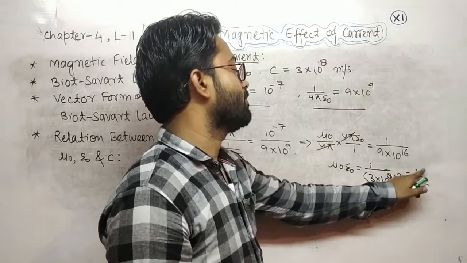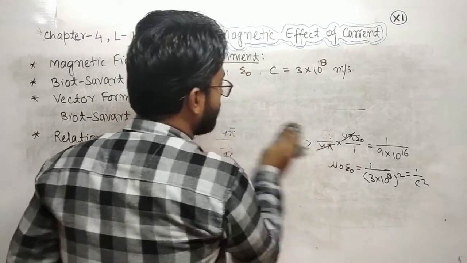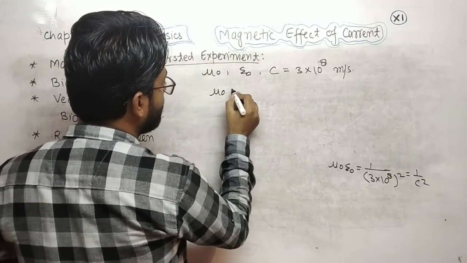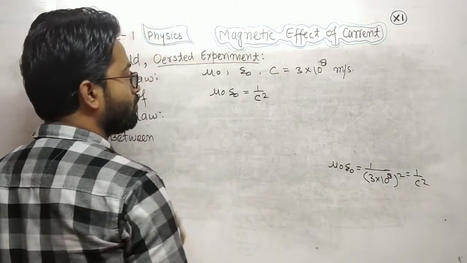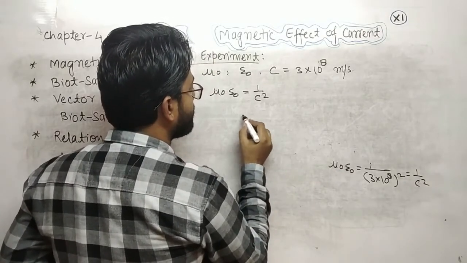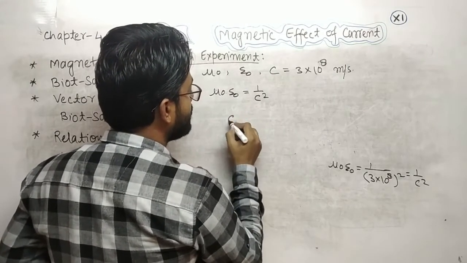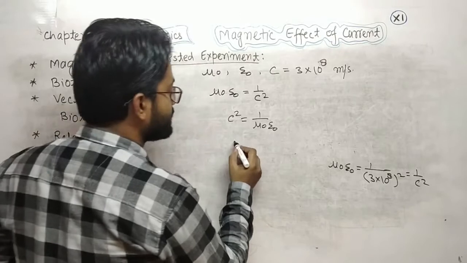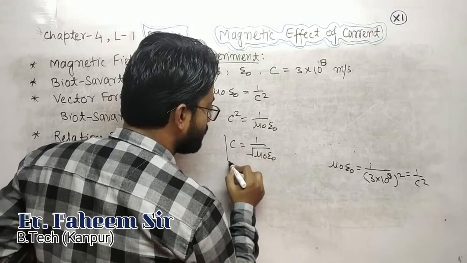Finally, mu naught epsilon naught is equals to 1 upon c square, or just reverse that, c square will be equals to 1 upon mu naught epsilon naught, and c will be equals to 1 upon under root mu naught epsilon naught.